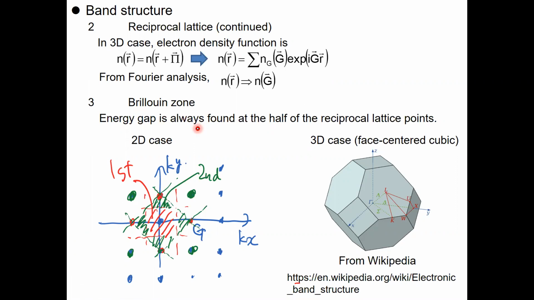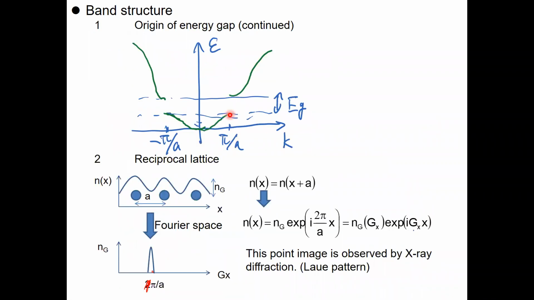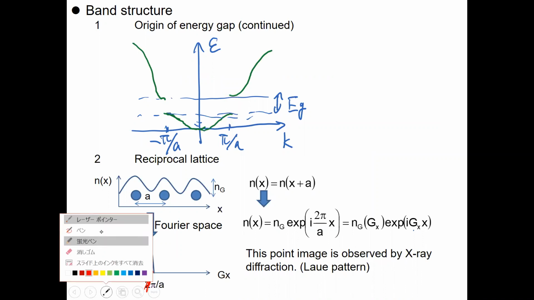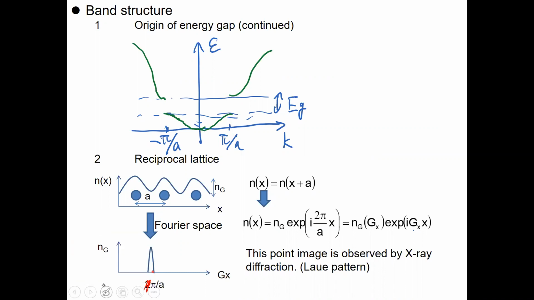The energy gap is always found at half of the reciprocal lattice point, meaning every pi over a, and you can also find this gap at the position here, 2 times pi over a, or something like that.